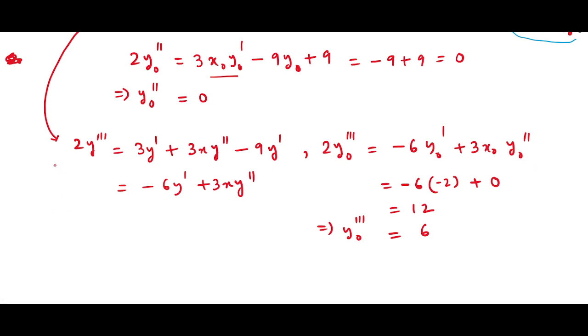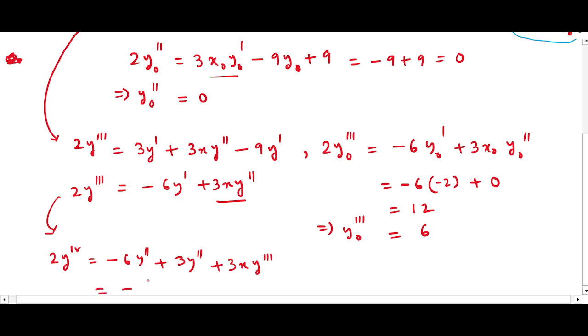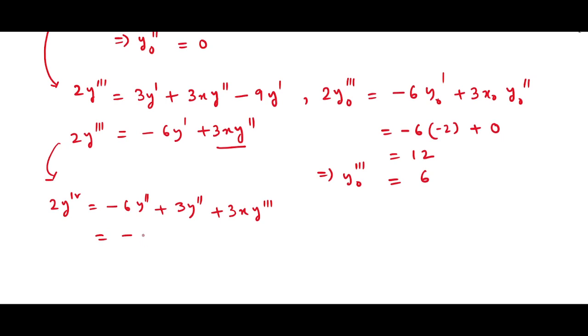Okay. Now let us differentiate it again. 2y triple dash, let us differentiate it now. So it will be 2y4 and our right side will be 6y double dash. Again UV form, so it's 3y double dash plus 3xy triple dash.